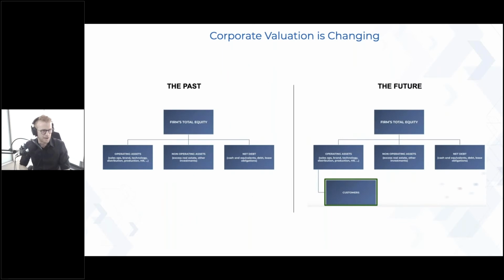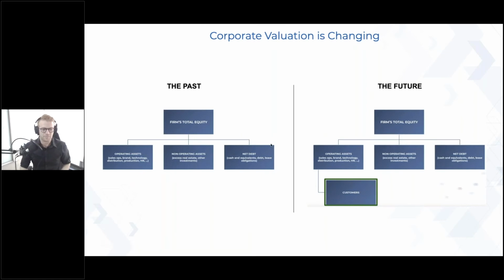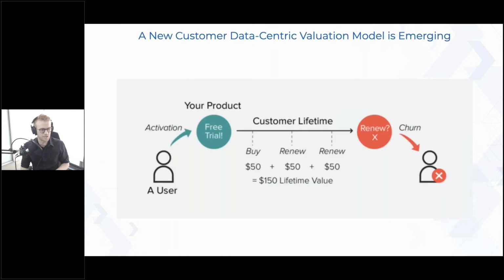Very simply, we used to value a firm based on its assets and debt. Now we start to consider customers and customer data as part of those assets. The reason we do that is because as you have customers that start to buy your product, there's a whole lifetime. We can expect that they will buy it more than once.